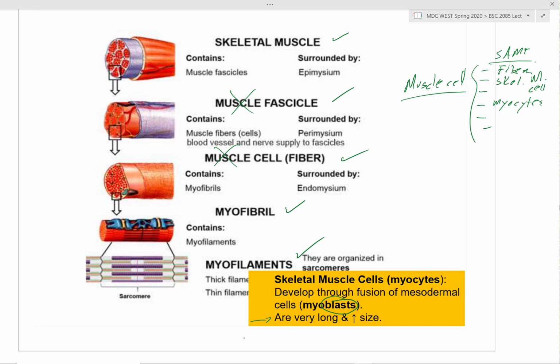And that means that you don't have more muscle cells. You have the same amount. It's just that they become longer as you get bigger, or increase in height, and they become wider in size. But you don't have more of them. So they're longer and bigger, but not more.